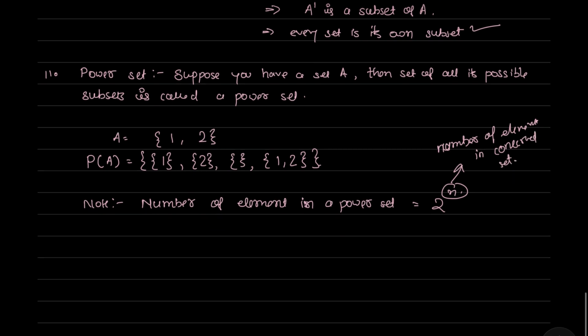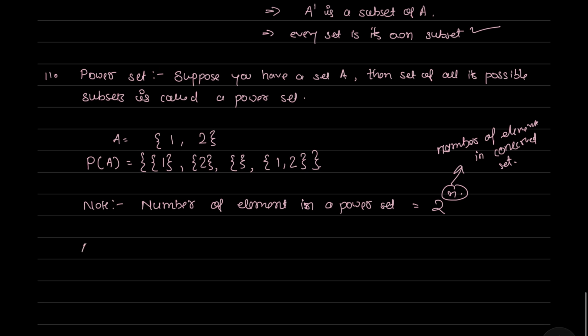If you see it here, suppose I have a set A that contains n elements, 1, 2, up to n. Now the number of elements in P of A will be 2 to the power n.